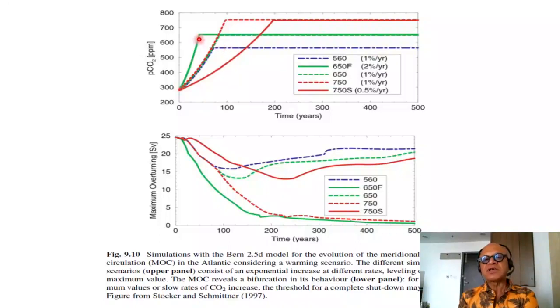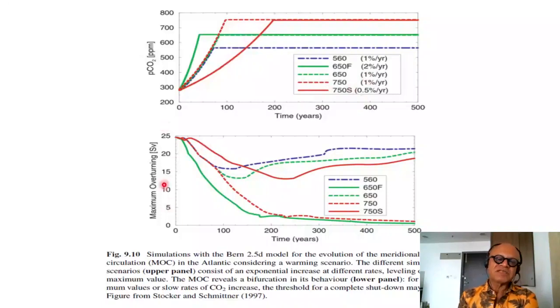Here it's increasing at 2% per year. The experimental numbers are noted here: 650F, 1% per year, 650 here, 750, 750S, and so on.